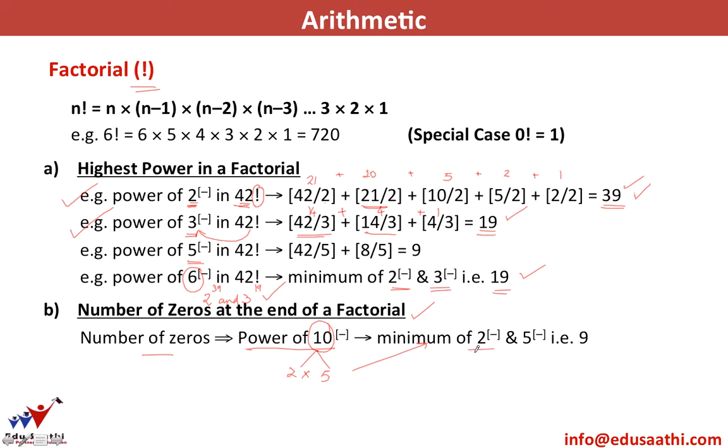So I'll find out the highest power of 2, I'll find out the highest power of 5, and whatever is the minimum of these highest powers will be the maximum power of 10 that I will have at the end of 42 factorial, or the number of zeros at the end of 42 factorial. So if I look at 2, this is 39. If I look at 5, this is 9. So what is the minimum? 9. There will be 9 zeros at the end of 42 factorial.